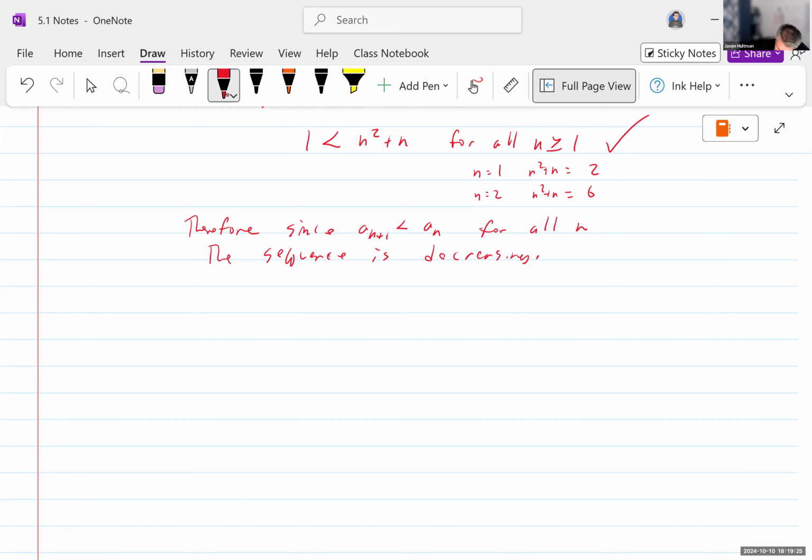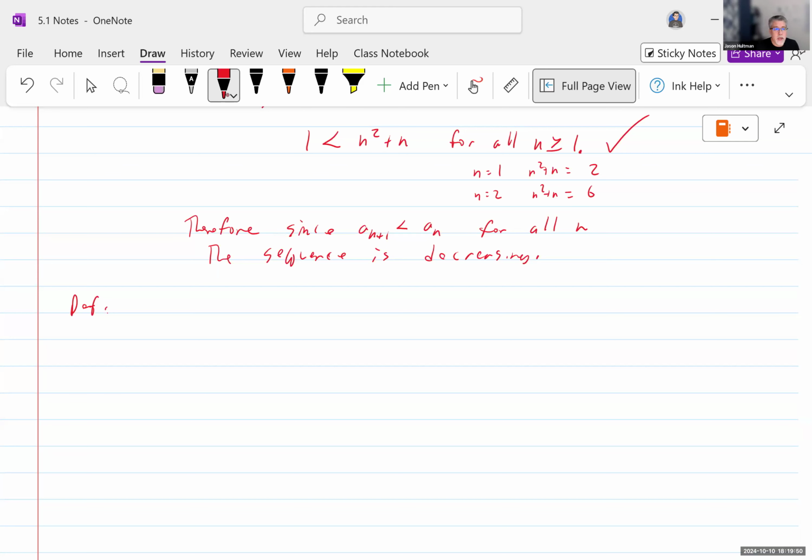Could I ask a quick question? Sure, go ahead. When you write for all n greater than or equal to 1, where does the 1 come from? Does it just come from the definition? Yeah, it's how sequences are derived. We start with our a sub 1 and then our a sub 2 and so on.